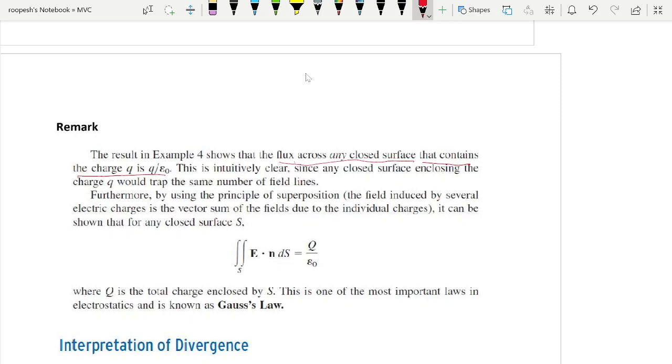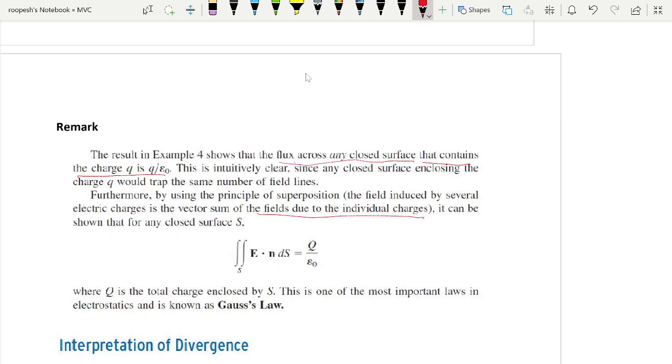That is, since any closed surface enclosing the charge q would trap the same number of field lines. Now, the principle of superposition you have studied in your physics class. The field induced by several electric charges is the vector sum of the field due to the individual charges, right?